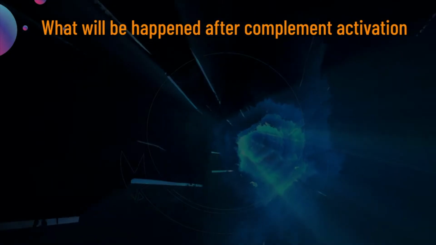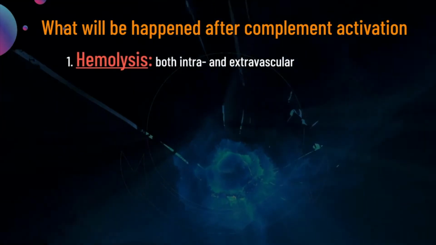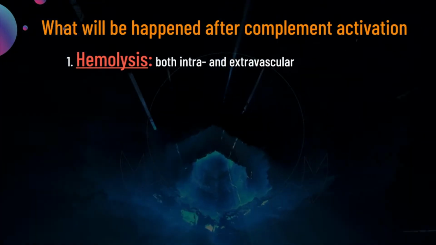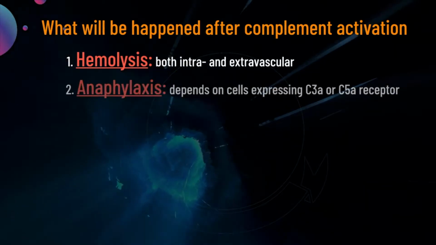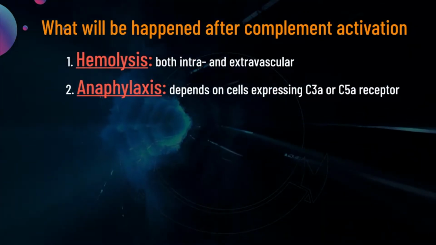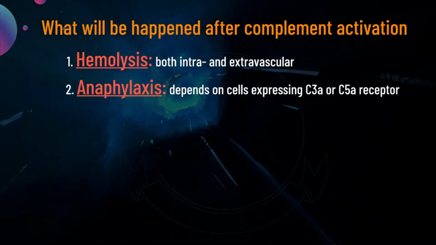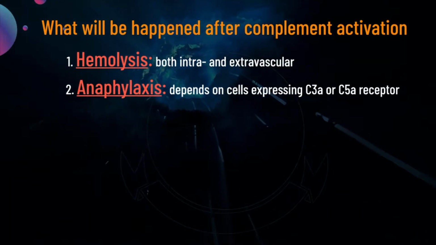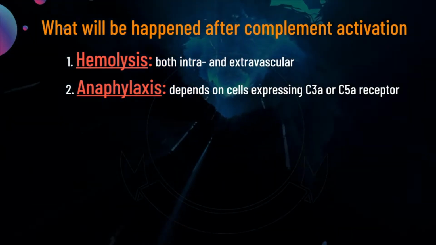What will happen after complement activation? First, hemolysis, which can be both intra- and extravascular, as mentioned in the previous slide. Second, and the most important one, is anaphylaxis or anaphylactic reaction, which presents different patterns of signs and symptoms depending on the variety of cells that express C3a or C5a receptors.